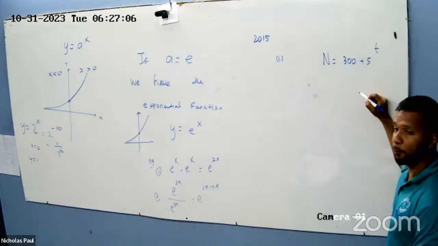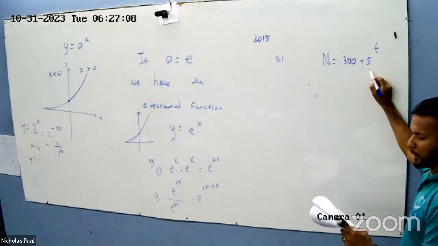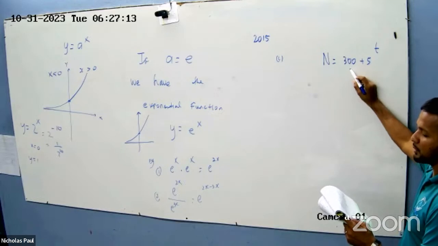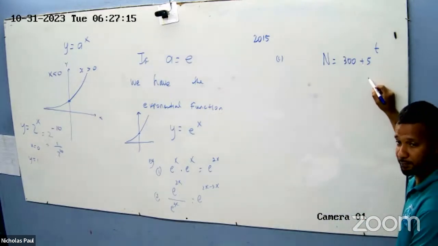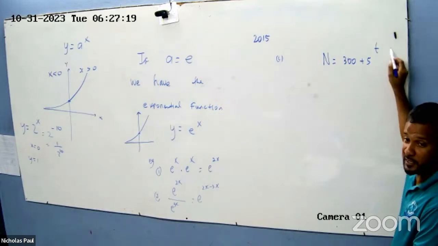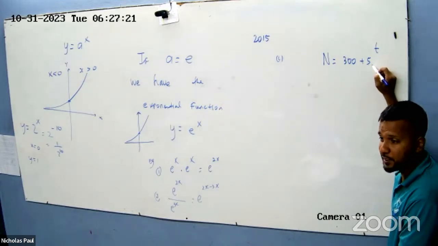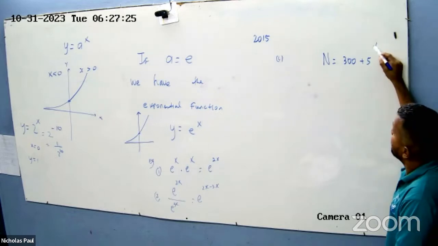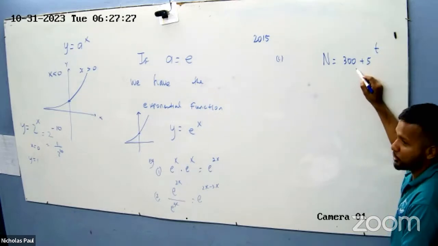The population of bacteria present in a river after T hours is represented by this. You would recognize that you're adding 300 onto an exponential function. I'll show you how to draw these later on.